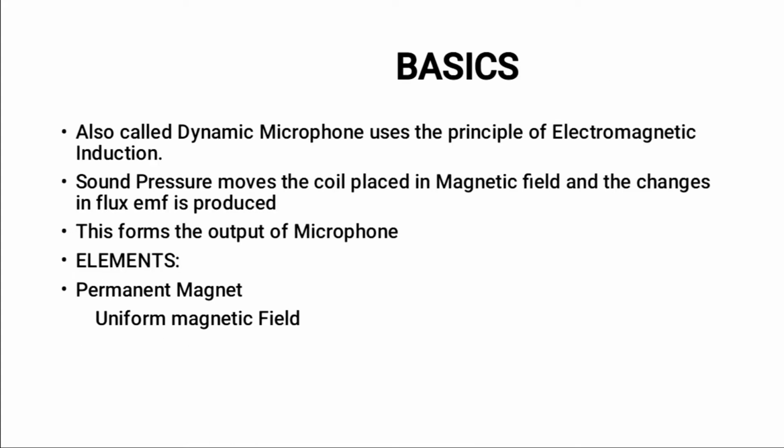First of all, we can see some of the basic principle of the moving coil microphone. The other name of the moving coil microphone is the dynamic microphone, which uses the principle of electromagnetic induction. Before that, we must know what is meant by electromagnetic induction.